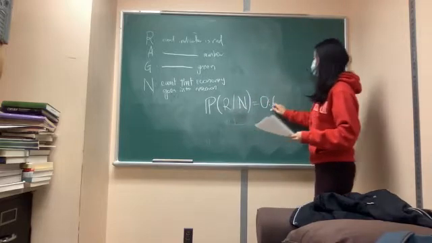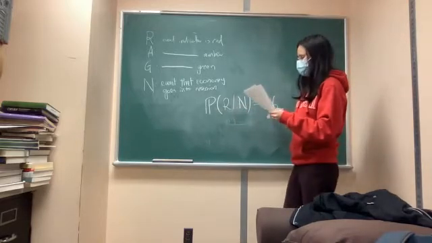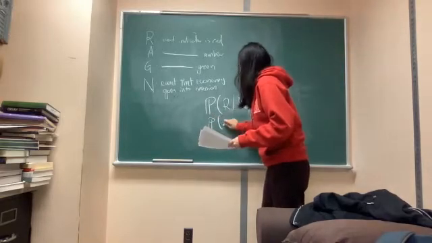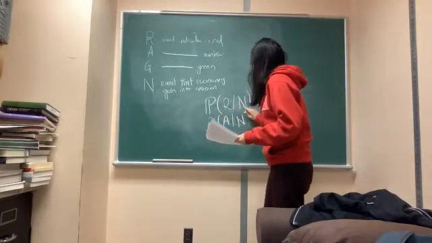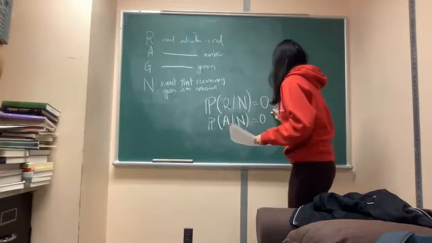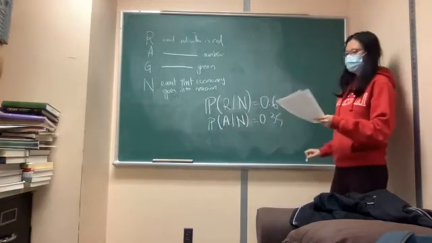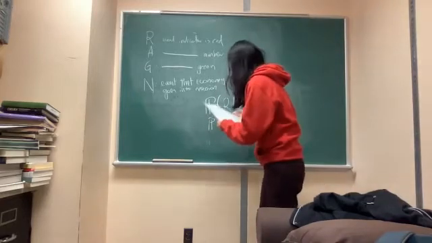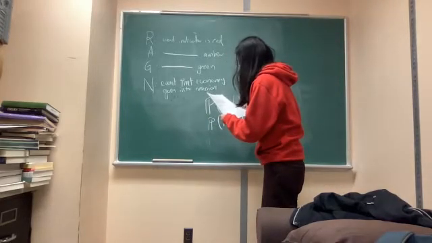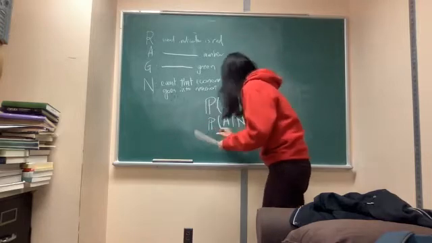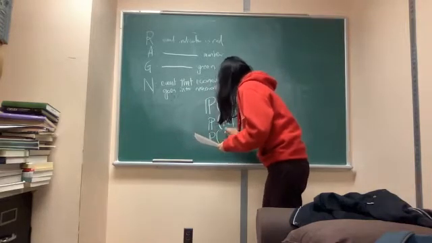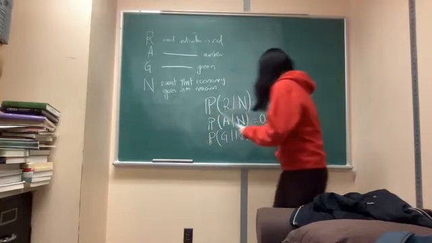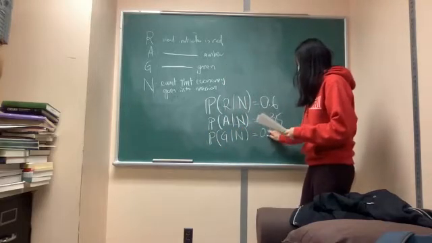So you would put red equals 0.6. Amber 35% of the time. So you would put amber 35% of the time. And finally, green 50% of the time. Wait, no, green 5% of the time, sorry. Probability G given N equals 0.05.